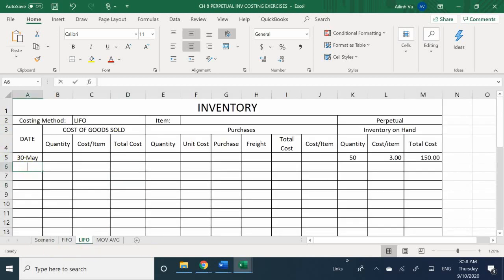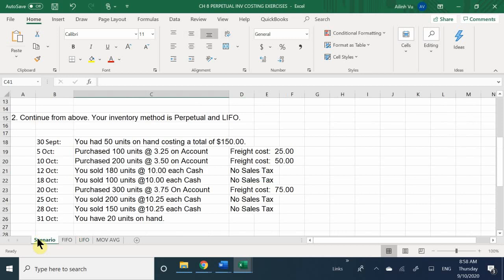So on October 5th, we purchased 100 items at $3.25 and freight was $25. I'm going to double confirm that. Yes, good. All right, so what are the calculations here?